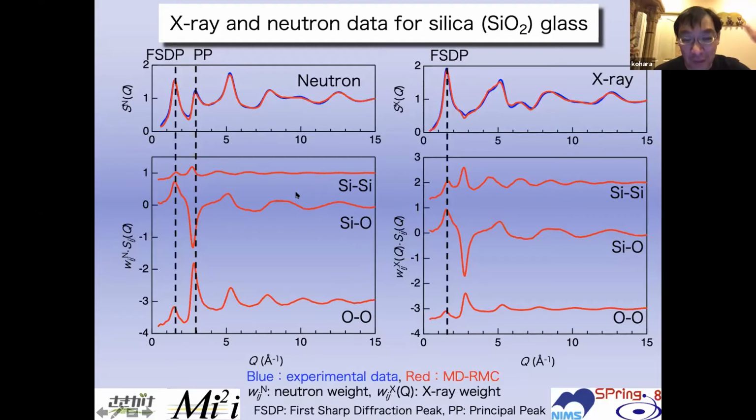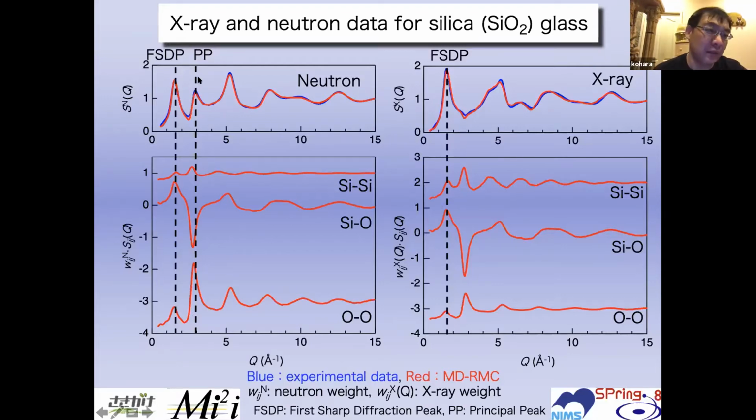The original partial structure factors are the same for both, but the weighting factor is different between X-ray and neutron diffraction data, because X-ray is more sensitive to heavy elements. So the silicon-silicon weighting factor becomes large. On the other hand, in neutron diffraction, the oxygen-oxygen correlation is very sensitive, because the oxygen atom is very easily probed by neutrons. So the oxygen-oxygen correlation peak becomes large in the neutron diffraction data.